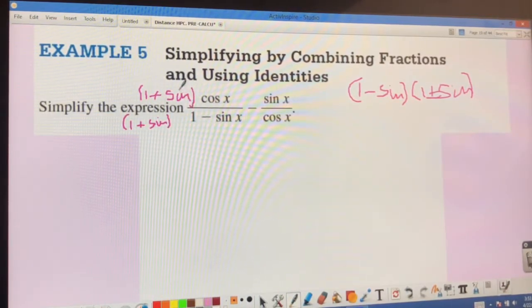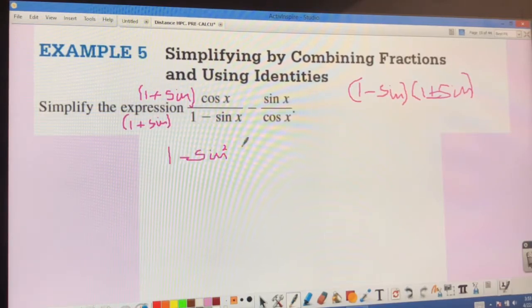Okay. So this bottom here, when you multiply them up, because they are a product of binomials, you multiply 1 times 1, you get a 1. Your middle terms cancel. Now you get 1 minus sine squared.